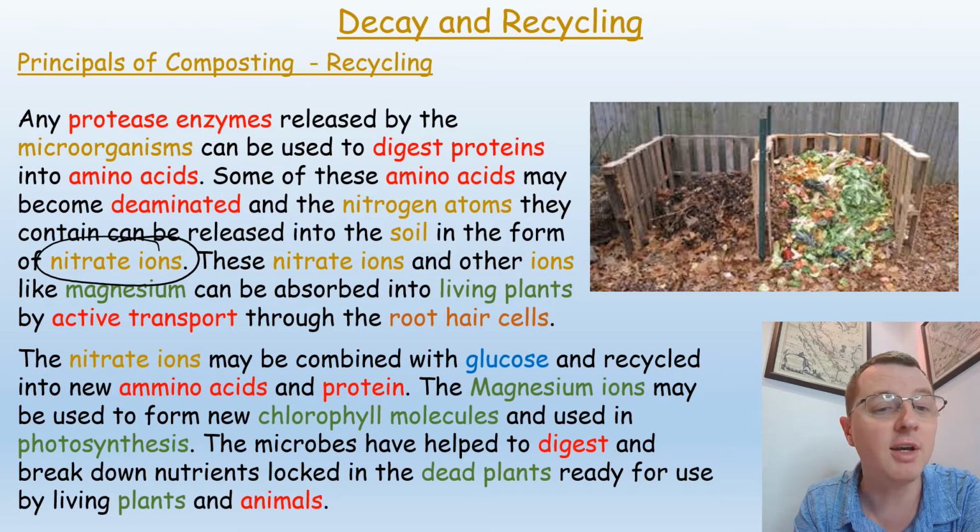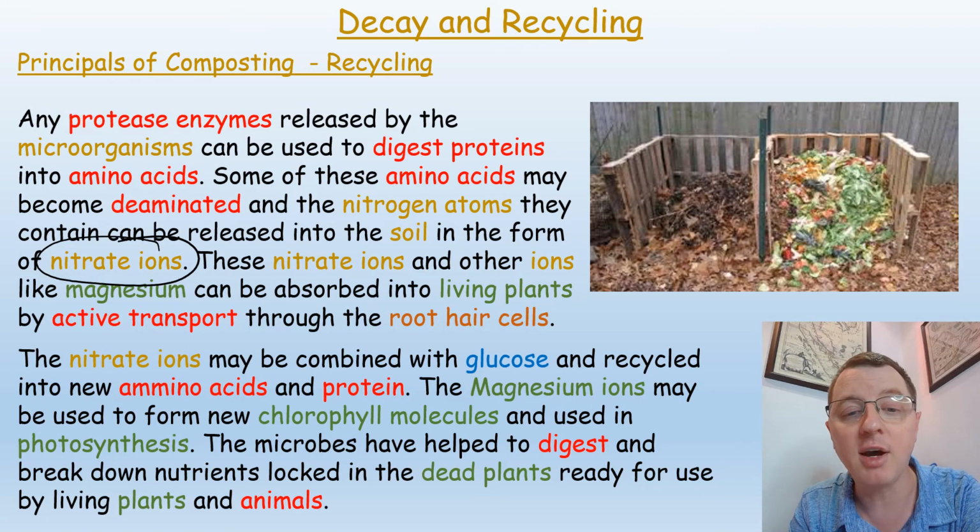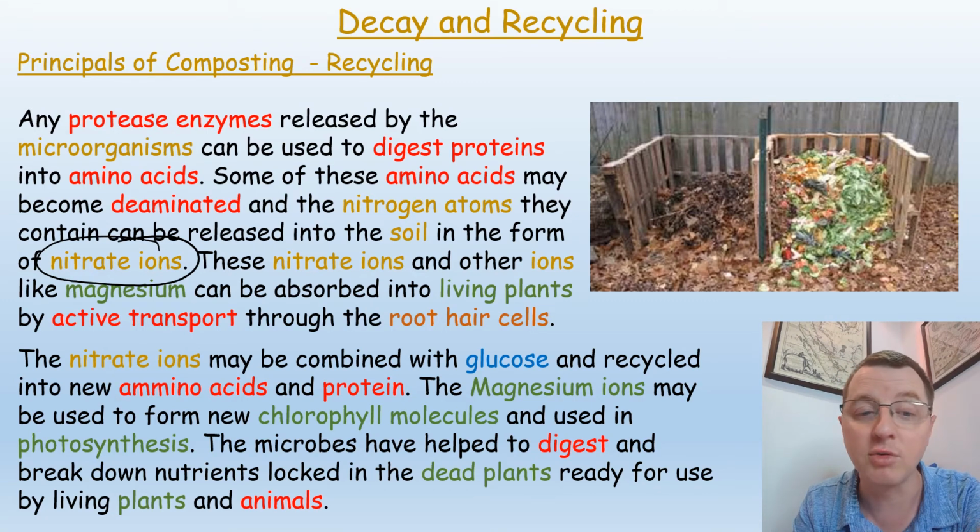These nitrate ions and other ions like magnesium can then be absorbed into living plants by active transport through the root hair cells. The nitrate ions may then be combined with glucose and recycled into new amino acids and proteins. The magnesium ions may be used to form new chlorophyll molecules and used in photosynthesis.